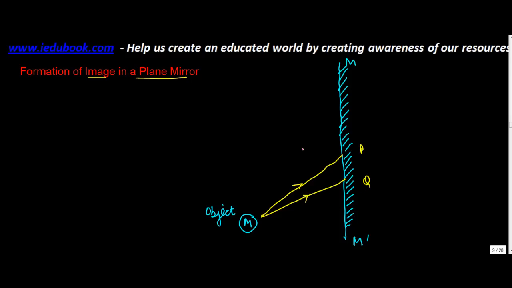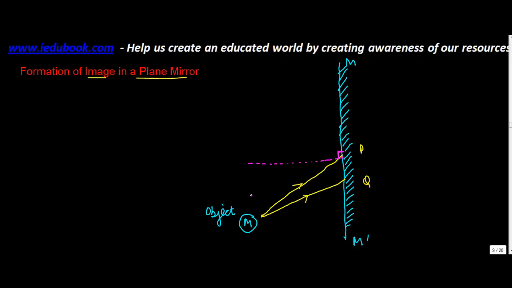Now, both these light rays will also get reflected back. But what we learned in the previous video is that these are the rays of incidence or incident rays. Now there is a normal, which is a line which forms a right angle with the mirror at the point where the particular ray interacts with the mirror.